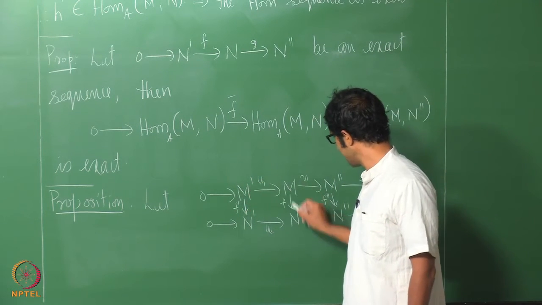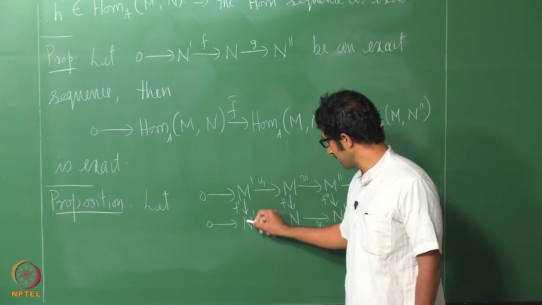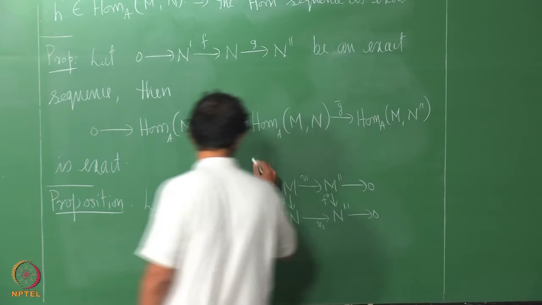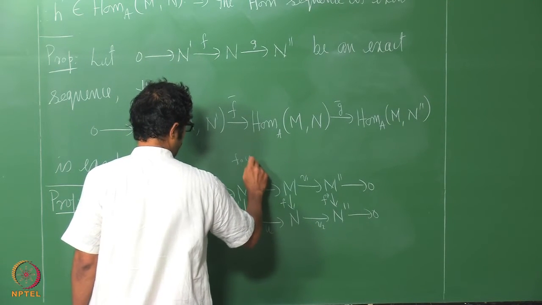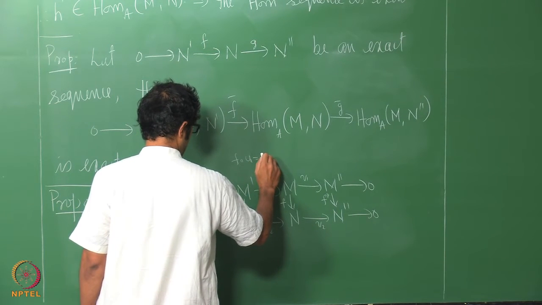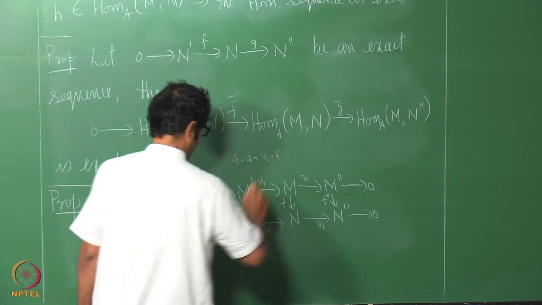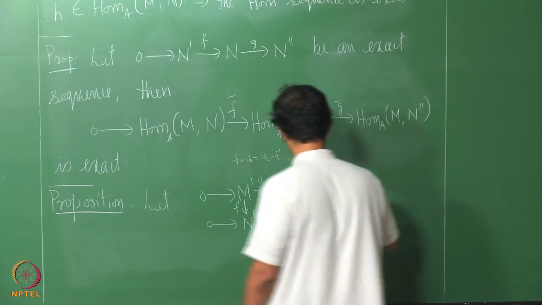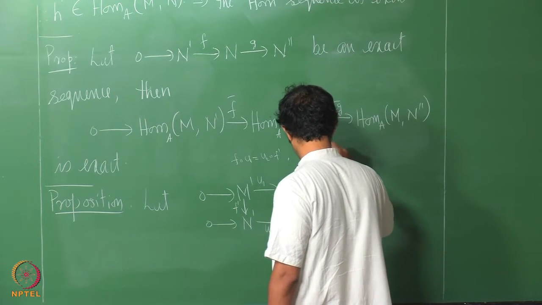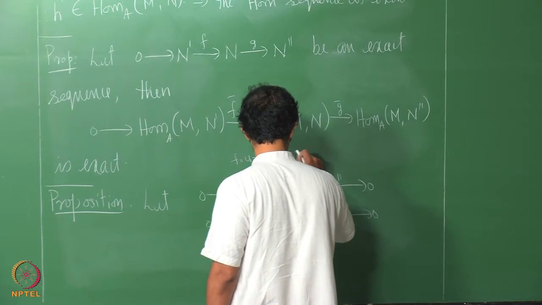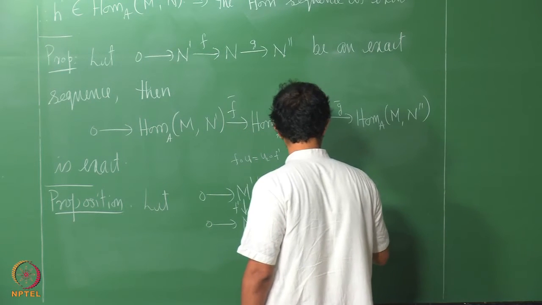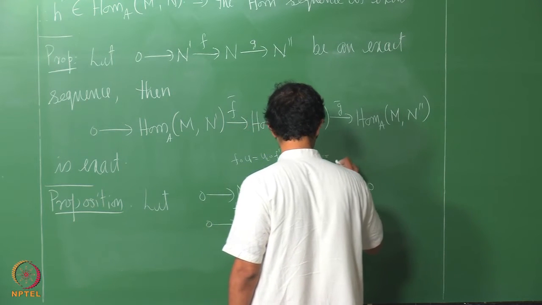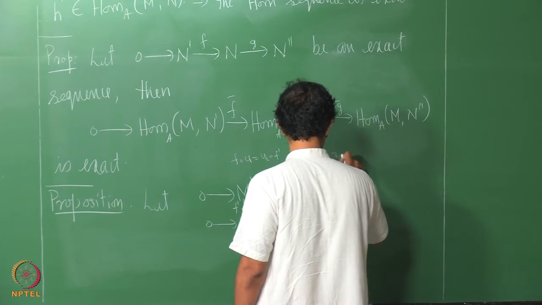One is first come here and then come here, or another way is coming here and coming here; both are the same. This is said to be commutative if f composite u1 is the same as u2 composite f prime, and, sorry, f double prime composite v1 is the same as v2 composite f.